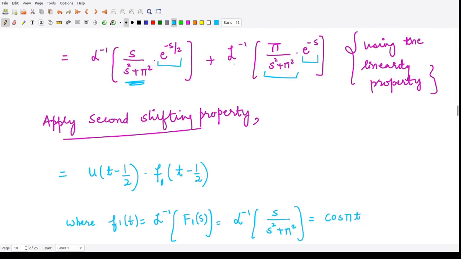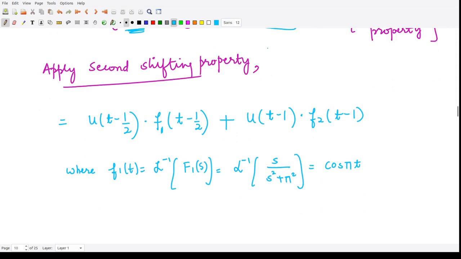Now look at the second term. Here also we will apply the second shifting property. So this becomes u of t minus whatever is the coefficient of s here, which is minus 1, so t minus 1, and then multiplied by f2 of t minus 1. Now what is f2? f2 would be the inverse Laplace transform of this function.